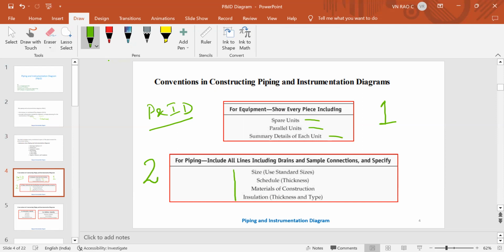You can see the size, the schedule number, such as SCH 40 or SCH 80, the material of construction, which can be SS, and whether it is insulated or not. I'm just trying to show in what representation it will be seen on the P&ID diagram.